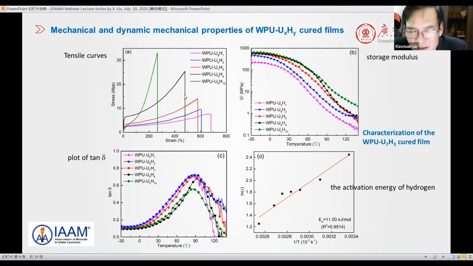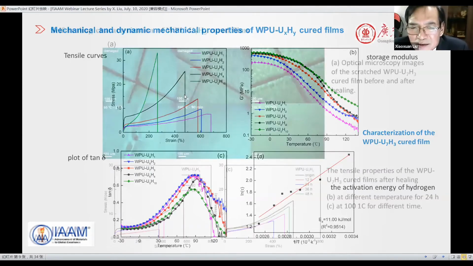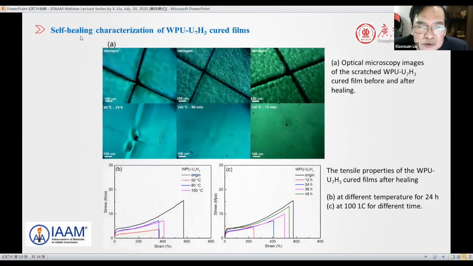This is to characterize the curves and the cut patch. This is the optical cut crease of the PUAs, PUA before and after healing. This is the healing.